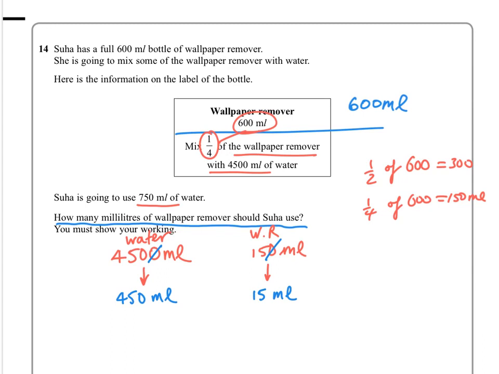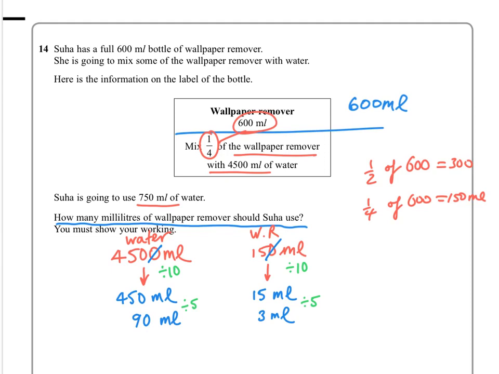Then I think that I would divide both sides by 5, and that would give me 90 mils of water, would give me 3 mils of wallpaper remover. So I'm just going to write in what I did there in case you lose track. So I divided by 10 here, then I divided by 5 here. So I've got 90 mils here.